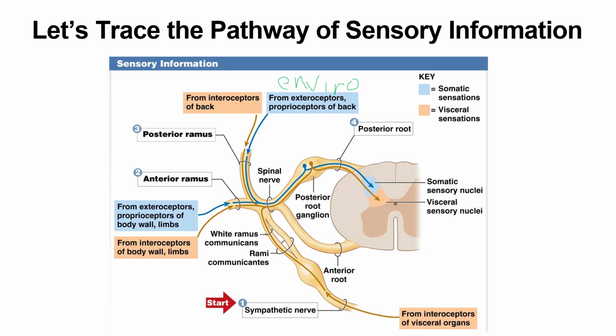So, to move on here, the information shaded in orange is our visceral sensory information that we see right here. So that's the interoception. We're going to see sensory information from both our interoceptors of the back, especially when it comes to the skin, and then the exteroception and proprioception coming from the back, from the sensory stimuli picked up by the receptors in our skin, like free nerve endings, Pacinian corpuscles, Meissner's corpuscles.